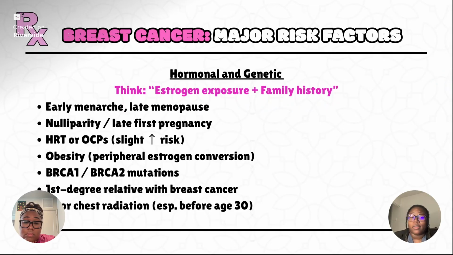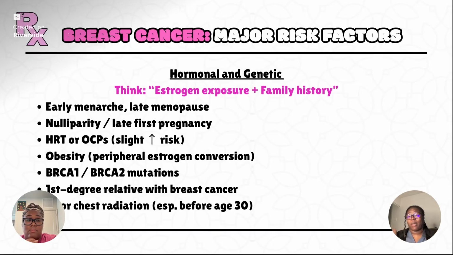So the one thing you did forget was prior chest radiation, especially before age 30. So if you broke a rib and you had an x-ray or you get multiple x-rays or for whatever reason your chest is being extremely exposed, especially us as PAs, me specifically, as an ortho PA in surgery, we are exposed to radiation all the time, especially with the C-arm and the mini C-arm when we do surgeries.